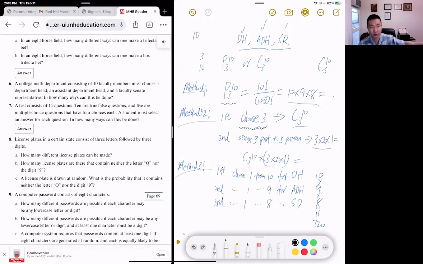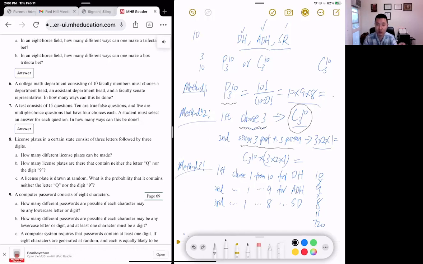So that will be C(10,3). Then the second step is we assign these 3 chosen professors to 3 different positions: head, associate head, and representative. That will be P(3,3), or 3 times 2 times 1.